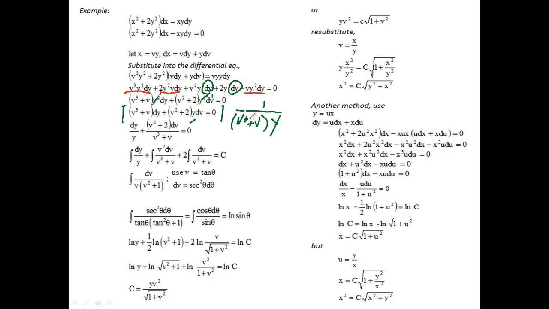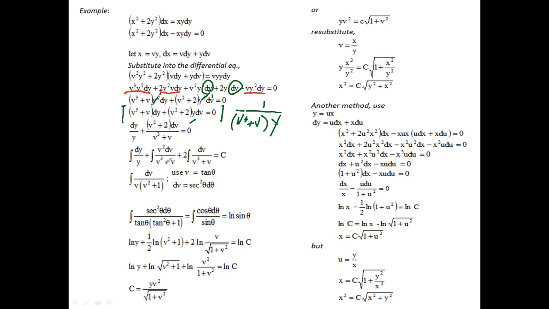This divisor is true for the entire equation, so the result would be something like this. This one would yield the dy over y, and this one would yield a v squared dv over v cubed plus b, and then you have a 2 dv over v cubed plus b. What was done is that the v cubed plus b was distributed to the two terms in the numerator.